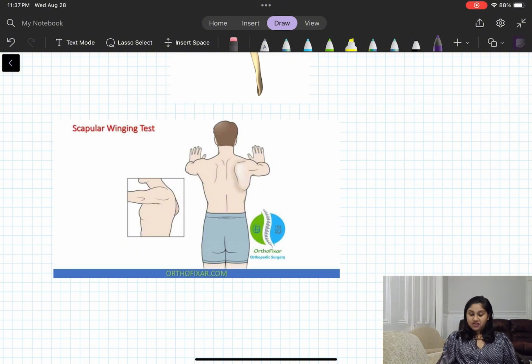So when that happens, the inferior angle and the medial border is going to be protruded, unduly prominent, when the patient is going to hold their palms across the wall. That will show a winging of the scapula. And there is also Sprengel's deformity of the scapula, which is a congenital disorder.